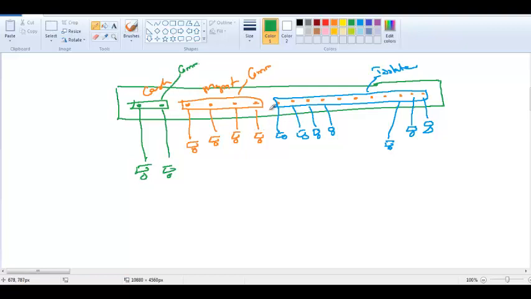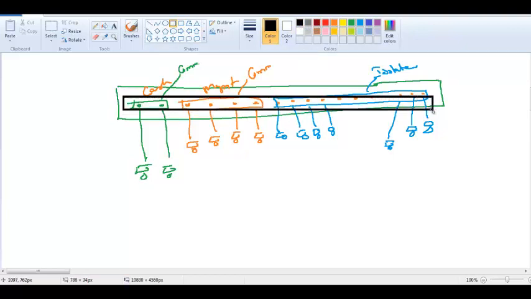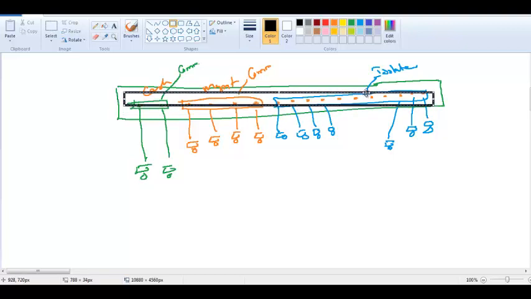So you got two communities and one isolate mode. All together, all these are under one VLAN. All these belong to one VLAN called 10.